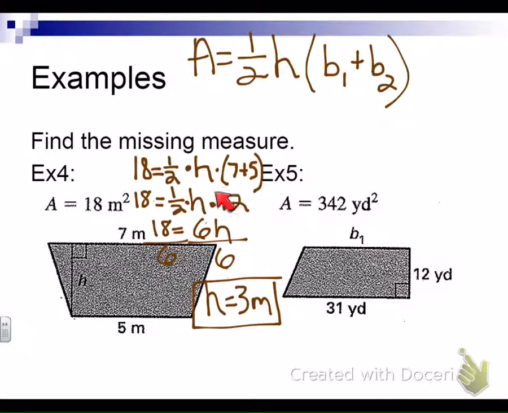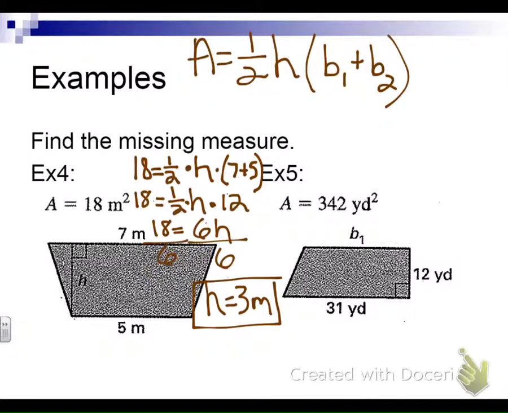Okay, so what I did, 18 equals 1/2. We didn't know the height, so I put an h in, and then I knew my two bases. Then, order of operations, I did inside the parentheses. 18 equals 1/2 times h times 12. And then I did 12 times 1/2, which gave me 6. Okay. You got it? Okay.